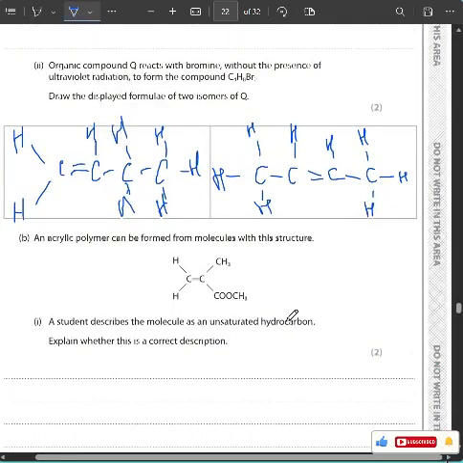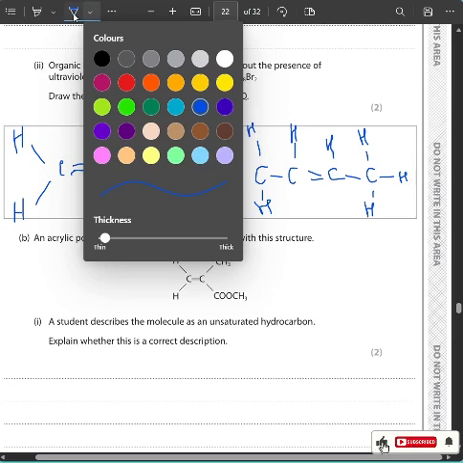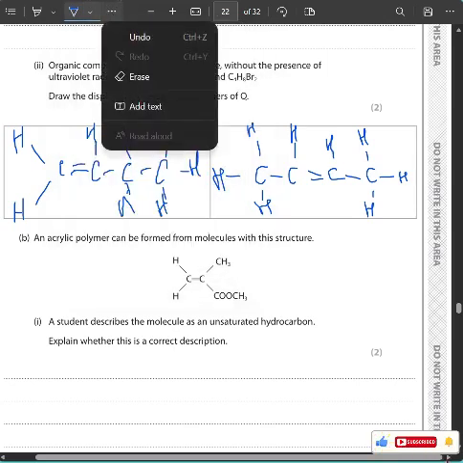And it's done. The acrylic polymer can be formed from molecules with this structure. A student describes the molecule as an unsaturated hydrocarbon. Explain whether this is a correct description.